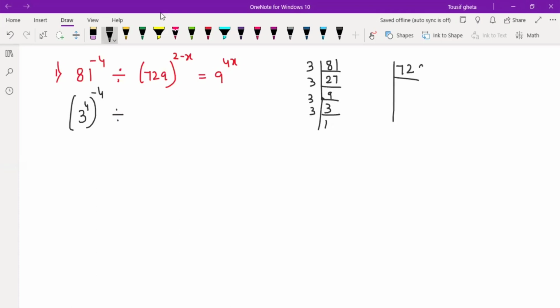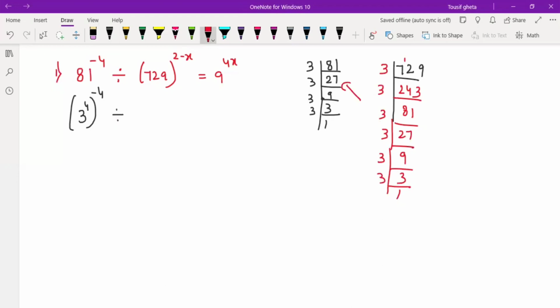So 729, I shall divide it by 3. That is 3 2s are 6, 1 remains, that becomes 12, 3 4s are 12, 3 3s are 9, and 3 1s are 3, and 3 27s, in a similar way to what we did before, 3 9s are 27, 3 3s are 9, 3 1s are 3.